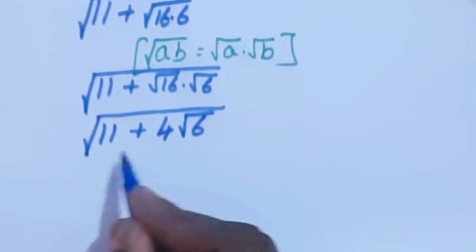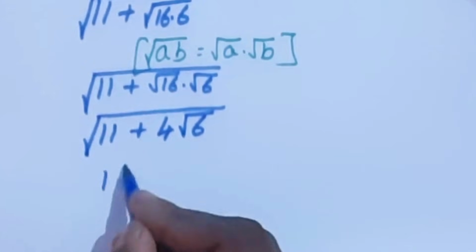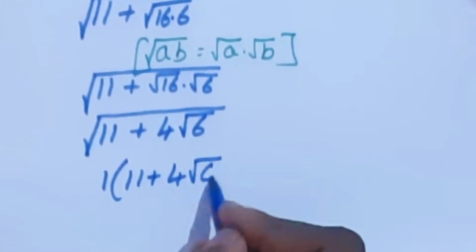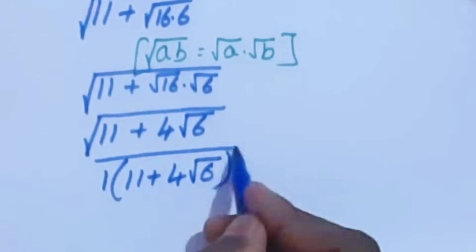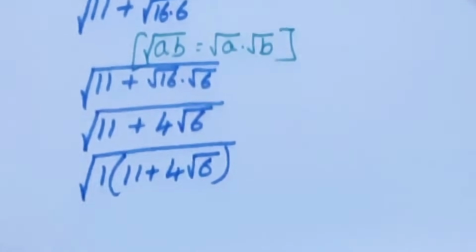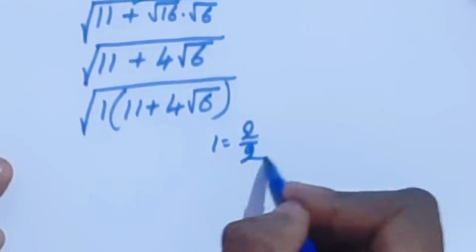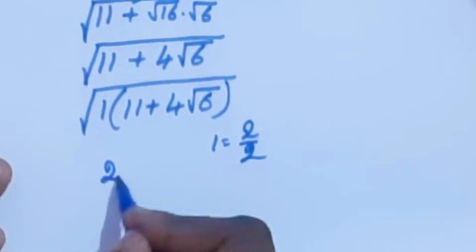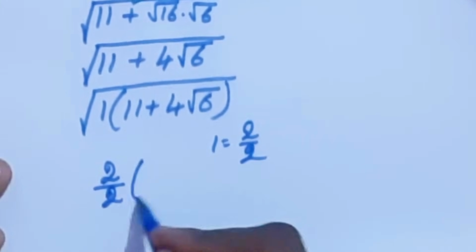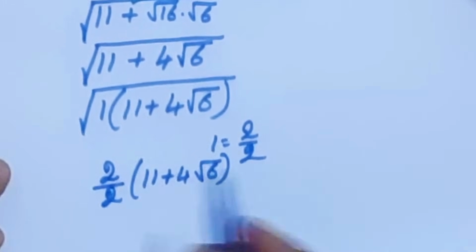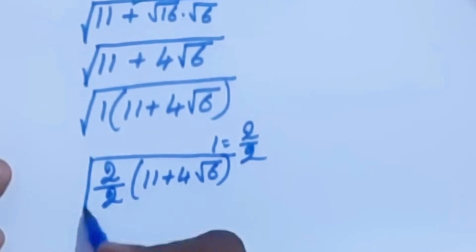Now we are going to multiply by 1 here. So 1 times the square root of 11 plus 4 square root of 6. Now here 1 can be written as 2 by 2. So 2 by 2 times 11 plus 4 square root of 6, in whole square root.